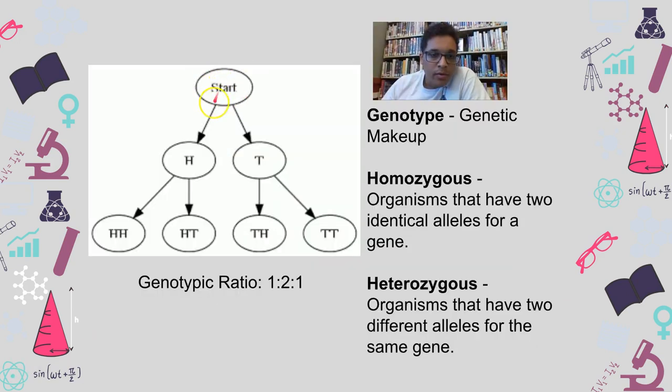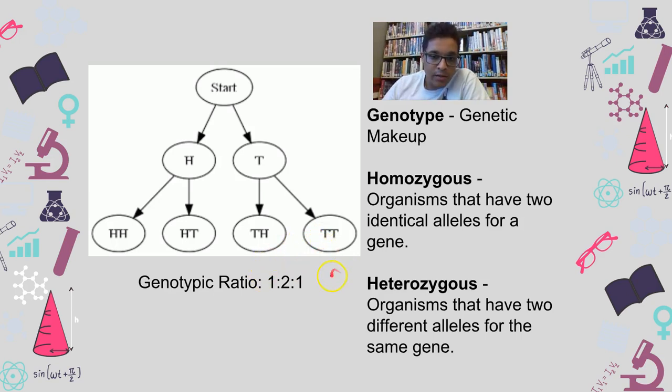Starting here with the coin flip, you flip the coin once and get heads, and then you flip again and get another heads. And so that will make you 2 heads, and we call that your genotype. And your genotype is your genetic makeup. So if you're 2 heads or 2 tails, we call that homozygous. And a homozygous organism is one that has 2 identical alleles for one gene. So if you have 2 of the same alleles, that makes you homozygous.